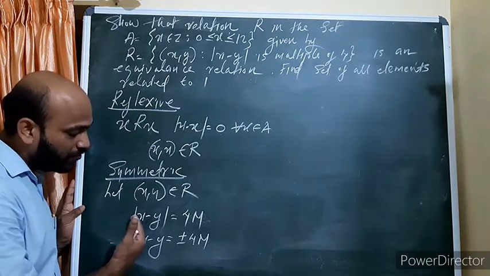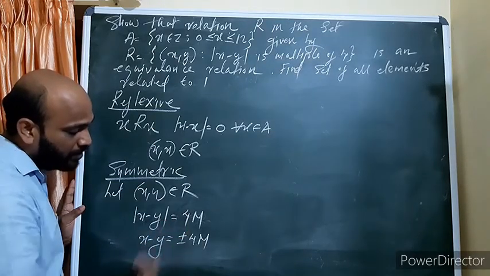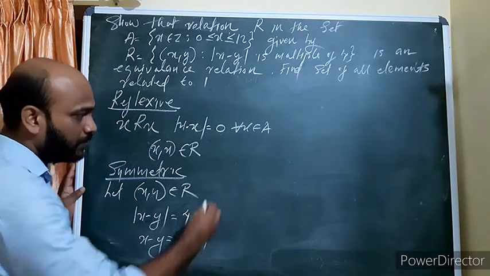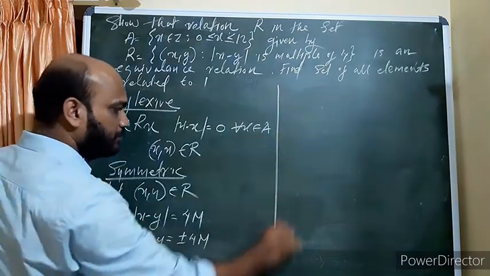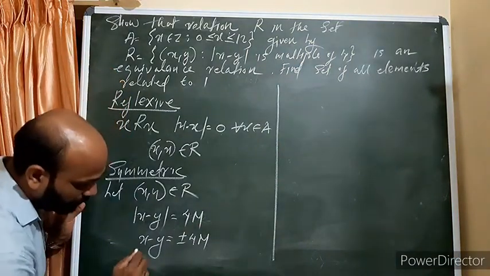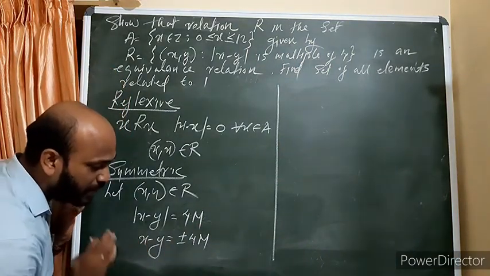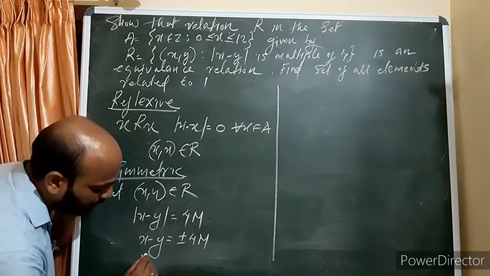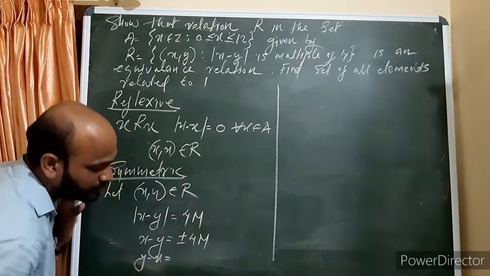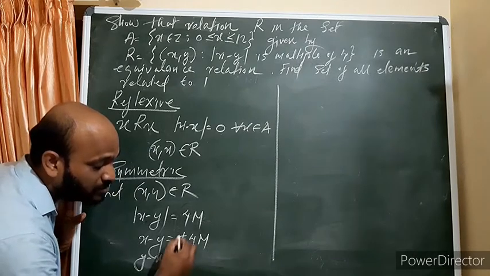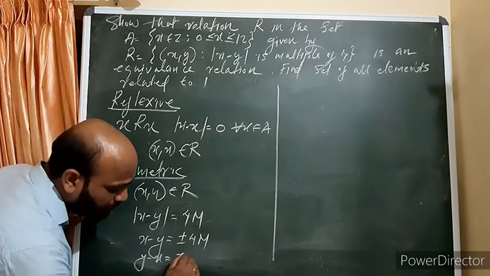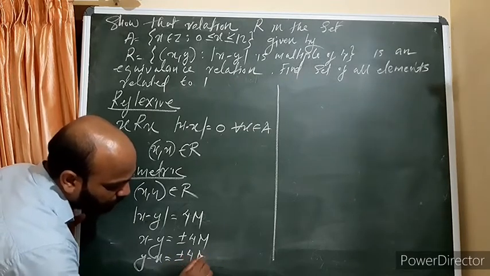So similarly, if modulus of x minus y equal to 4m, then x minus y will be plus or minus 4m. Now multiply both sides with minus 1. So we'll get minus of (x minus y), that is y minus x, equal to minus of plus or minus 4m, that is minus plus 4m, the same as plus or minus 4m.